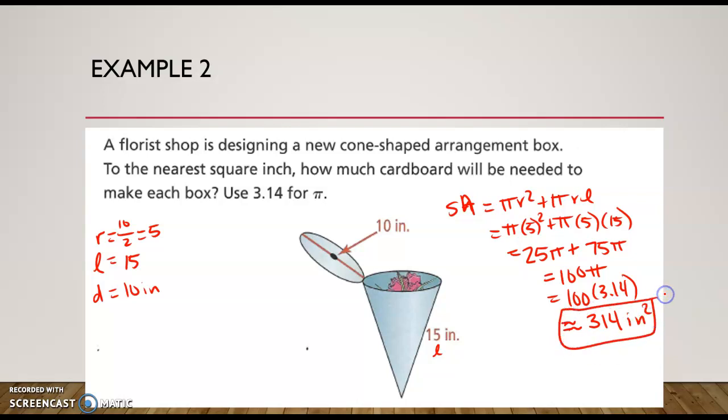So, found my radius, found my slant height, plugged in for r and L, and then just used order of operations. Basically, we're just going back to order of operations. If you can do PEMDAS, then you can do this.